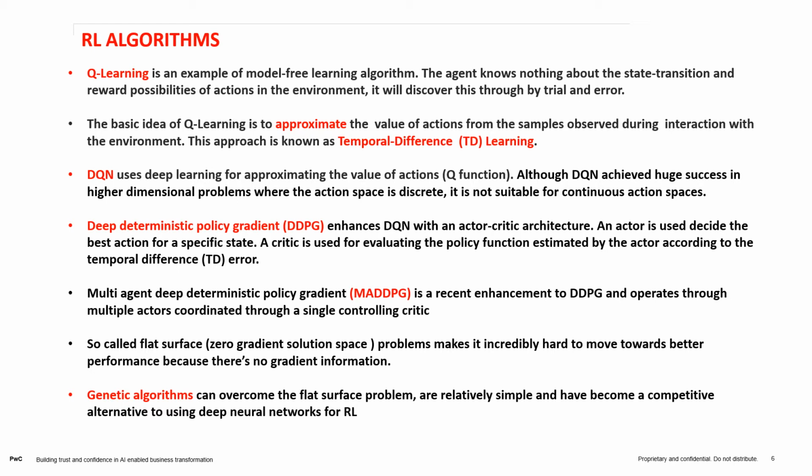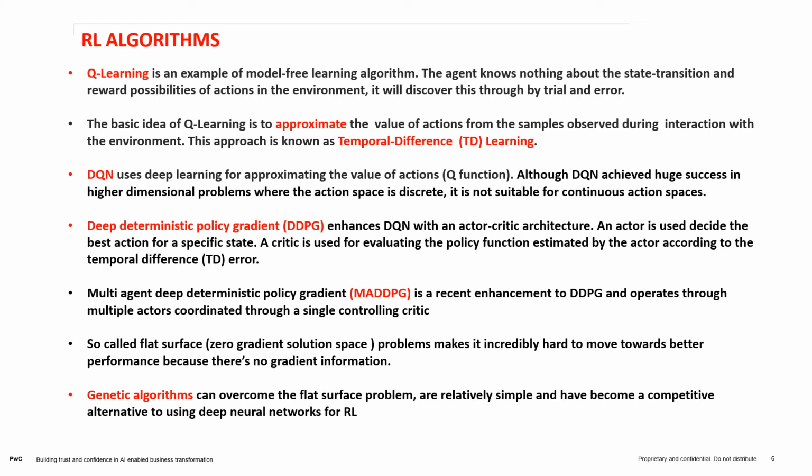Now, a problem that you have not so much in RL, but also in neural networks in general, is the so-called flat surface problem, where there's a zero gradient solution space and no gradient to work with, so the optimization algorithm cannot really come up with a solution.